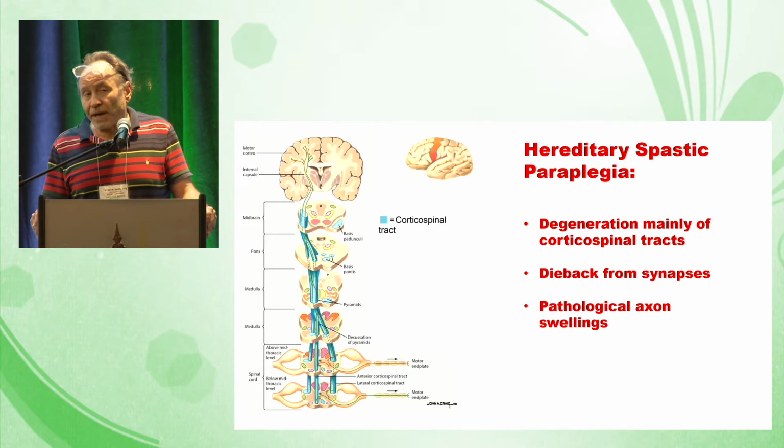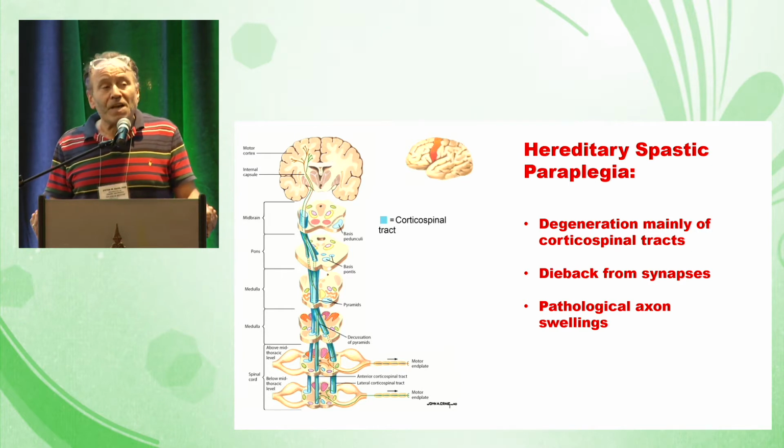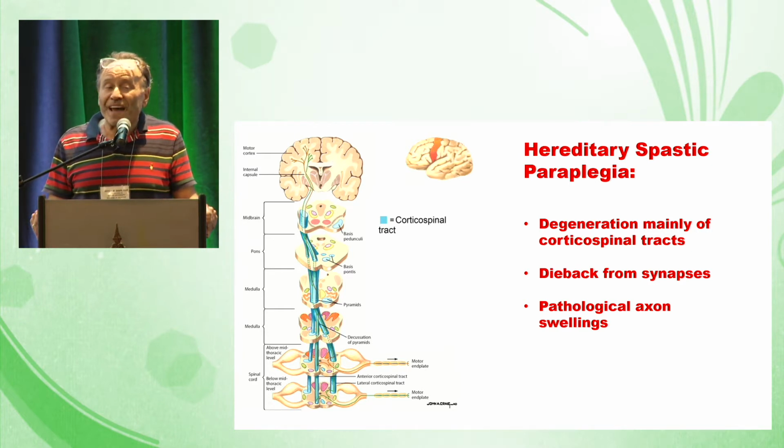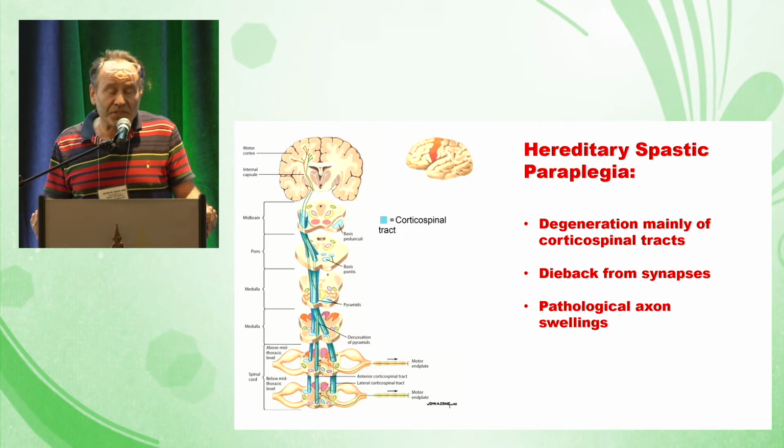And once they pull back, they don't have their connections anymore, and therefore they won't work. So this is what's believed to happen. And along the way, there are some pathological swellings of the axons that also indicate that something's wrong. So corticospinal degeneration is really the principal anatomic basis of hereditary spastic paraplegia.